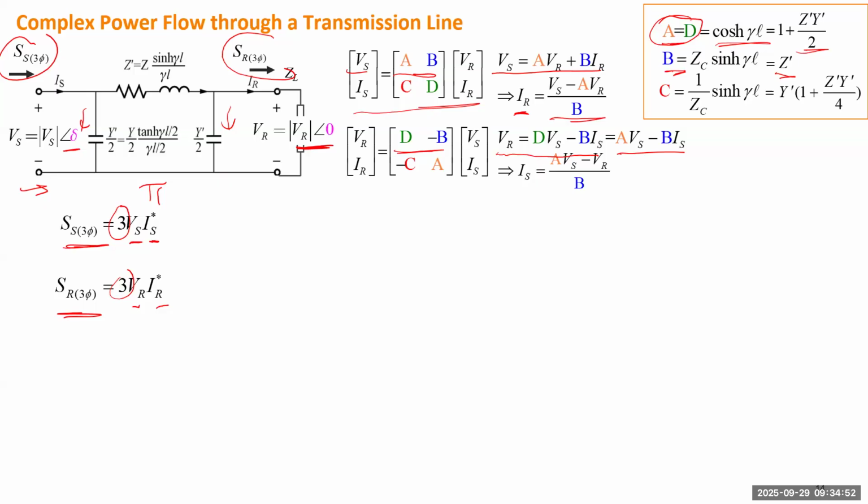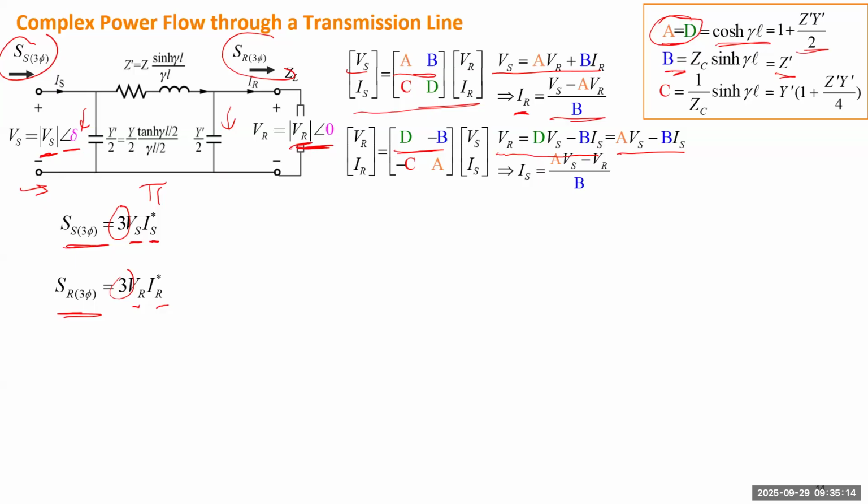So if you want to send positive active power from left to right, delta has to be positive, right? Delta needs to be higher than 0 in order to deliver active power from left to right. If you want to deliver reactive power from left to right, you need to have Vs higher than Vr, right?